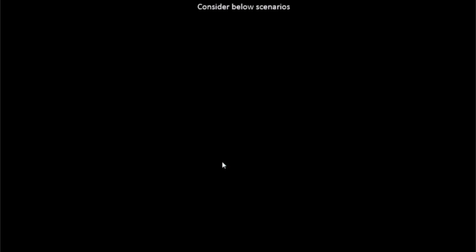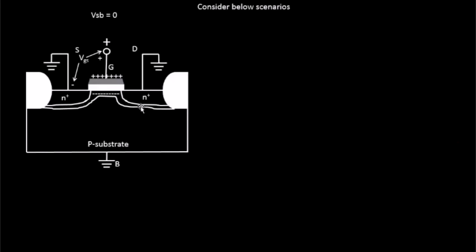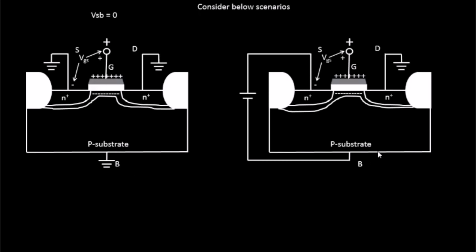So let's consider two different scenarios. The first one is the original one that we have been studying in the past videos, and the second one will be something like this. There will be a potential applied between the body and the source, which we will call a positive value, VSB.